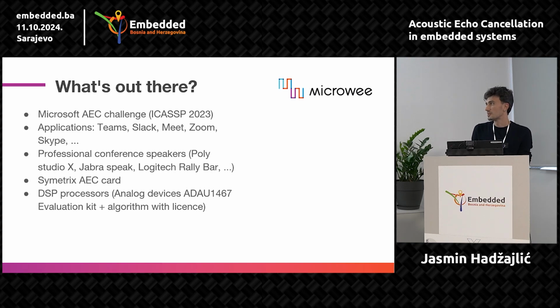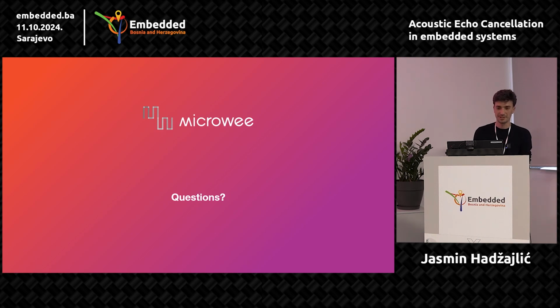One of those is the Analog Devices ADAU1467 evaluation kit, and Analog Devices even offers an algorithm with a license for echo cancelling. A video on this topic can also be found on YouTube. It's really interesting. And that's it from my side.